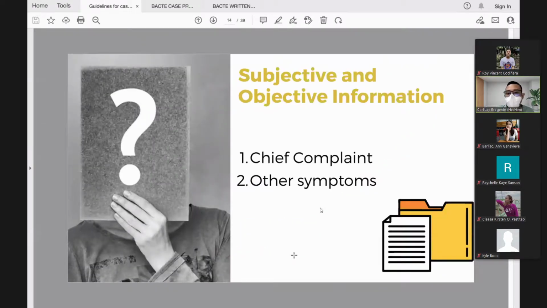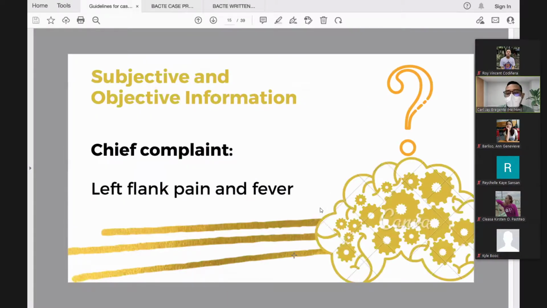For subjective and objective information, you write here the chief complaint and the other symptoms. The chief complaint is the symptoms or signs that are the reason the patient goes to the doctor or to the clinic. So the chief complaint is left flank pain and fever.